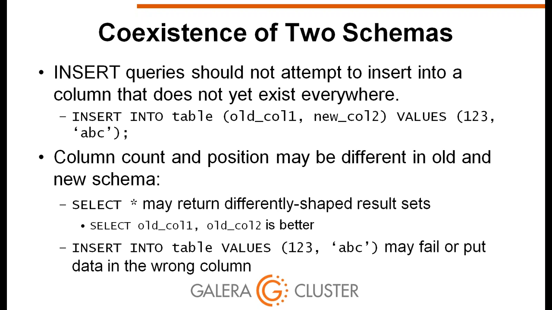If you add a column to your table on one node and you immediately force your application to start using this column, then all those transactions will be writing data that the other nodes are unable to understand because they still do not know about this new column.